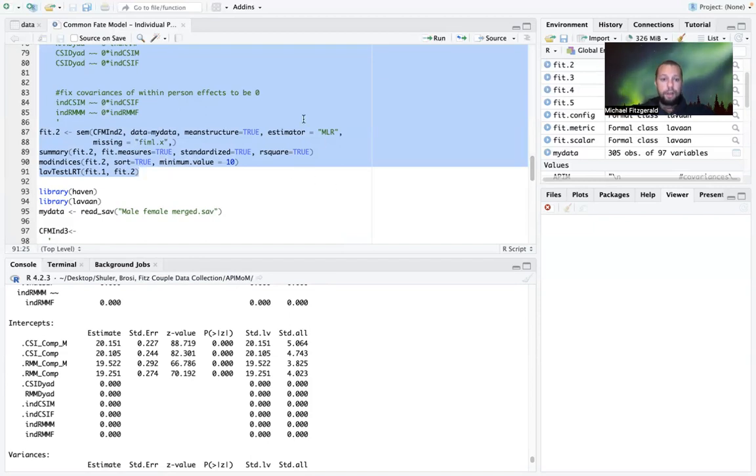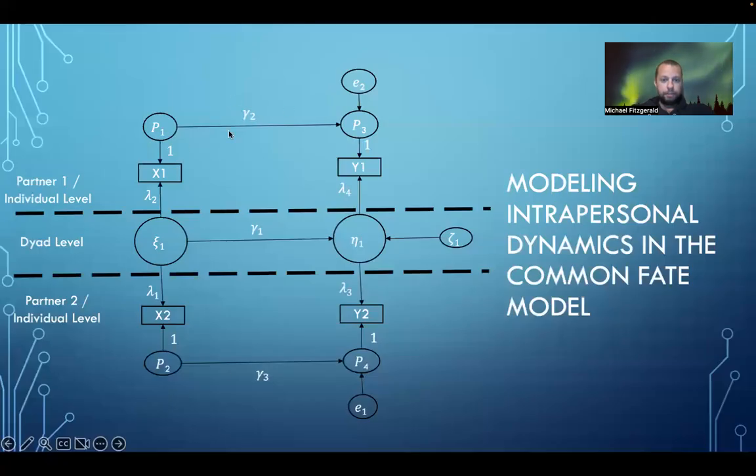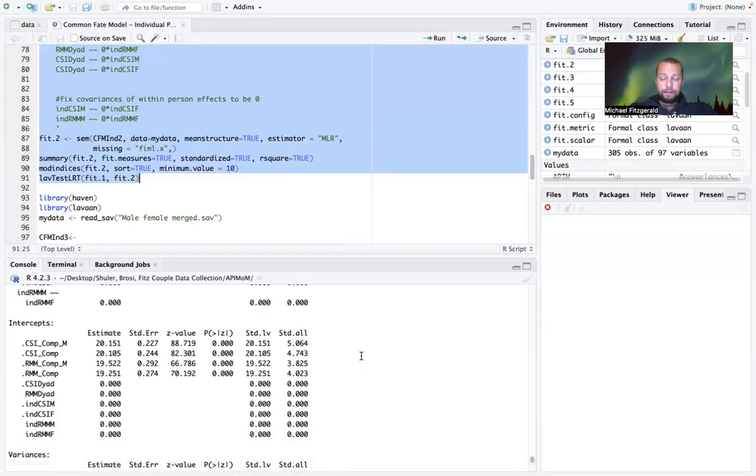Those two within person paths, gamma 2 and gamma 3 from the diagram, we can constrain them to equality without estimating the partner effects that are not shown in this diagram, that would go from P2 to P3 and P1 to P4. So we can just constrain those actor effects, or those within person effects, to be equal.